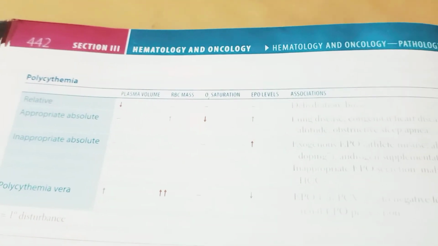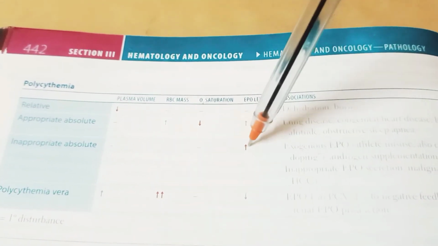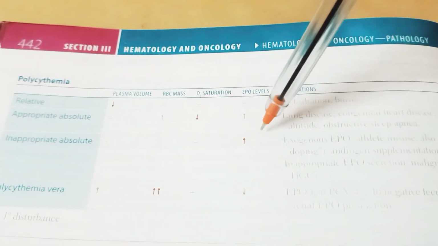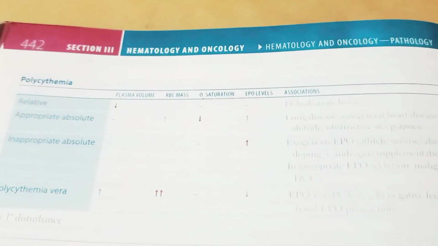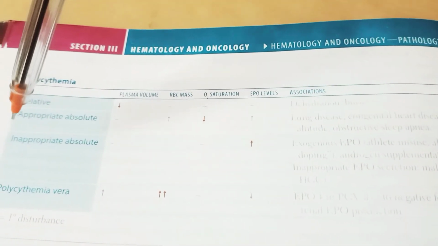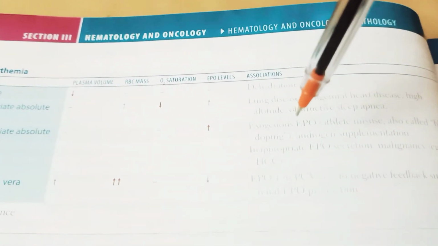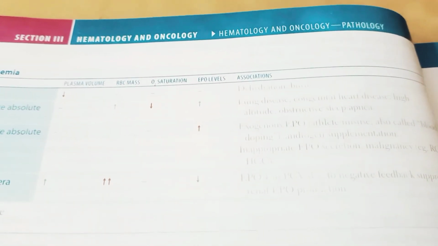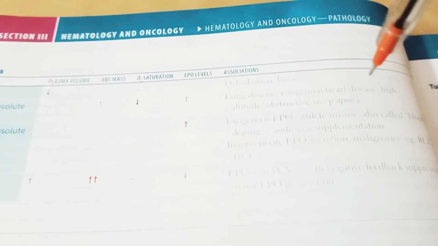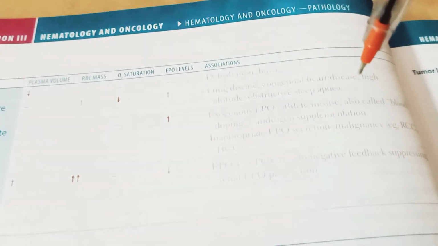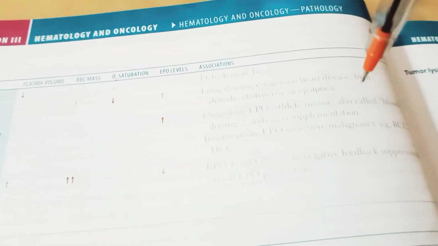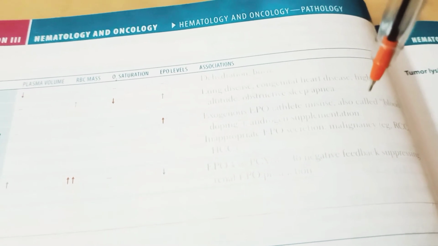Now coming to inappropriate absolute. Inappropriate absolute means here only the EPO is increasing, but all these others are not increasing, they are normal, so it is for sure inappropriate. It is seen in the case of exogenous EPO, where you are giving exogenous EPO in athlete misuse, also called blood doping.